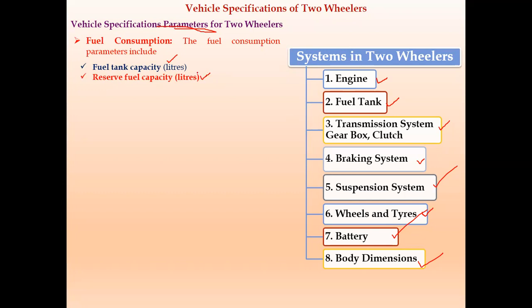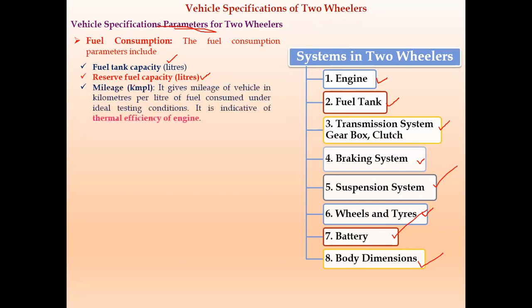Then the next technical specification is the mileage, that is kilometer per liter. So the third specification parameter in fuel consumption is the mileage. It gives the distance the vehicle covers per liter of fuel consumed under ideal testing conditions.